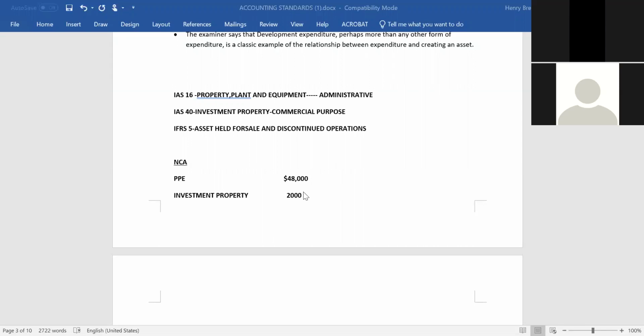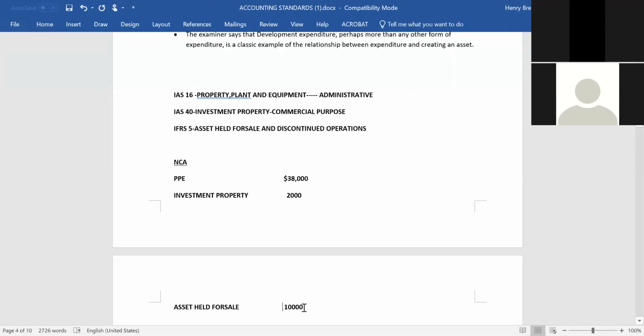of the 48,000 and give it a separate name, asset held for sale. Asset held for sale. This is mostly notable in the case of banks. So if I make it 10,000, then this figure should change from 48,000 to 38,000. So by adding up, you realize that the 38,000 plus 2,000 plus 10,000 will still give 50,000.